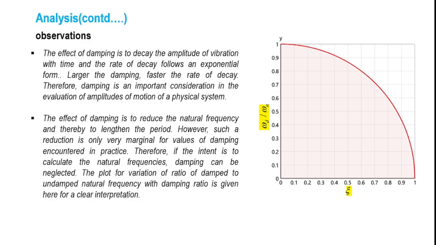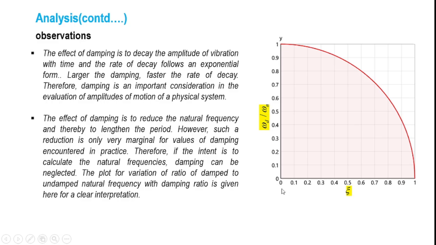Now in order to demonstrate this, I have made a simple plot wherein along the x-axis you can see that the damping ratio c is marked, and along the y-axis is the ratio of two natural frequencies, that is omega d to omega n. That is the ratio of natural frequency for a damped to undamped system.